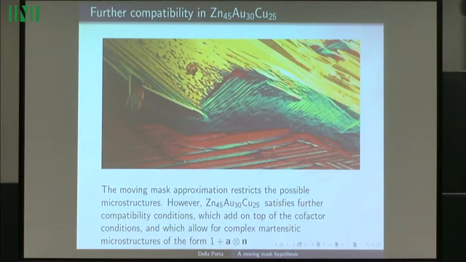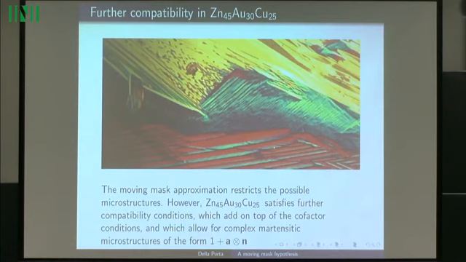The answer a priori would be no. But in the case of zinc and gold copper, it turns out that this material satisfies not only the cofactor conditions, but some further compatibility between phases, that makes this construction possible and quite easy.